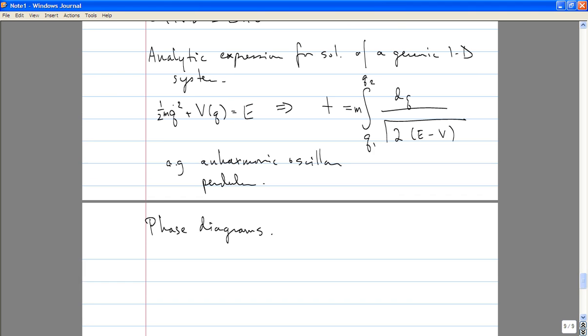So the phase space, I guess a phase diagram is the language that you use in statistical mechanics, I guess we just call it phase space here. The phase space is the space of the q-p plane. If energy is conserved, then it's useful to draw the contours of constant energy and think about the motion as the one-dimensional motion along a contour of constant energy.